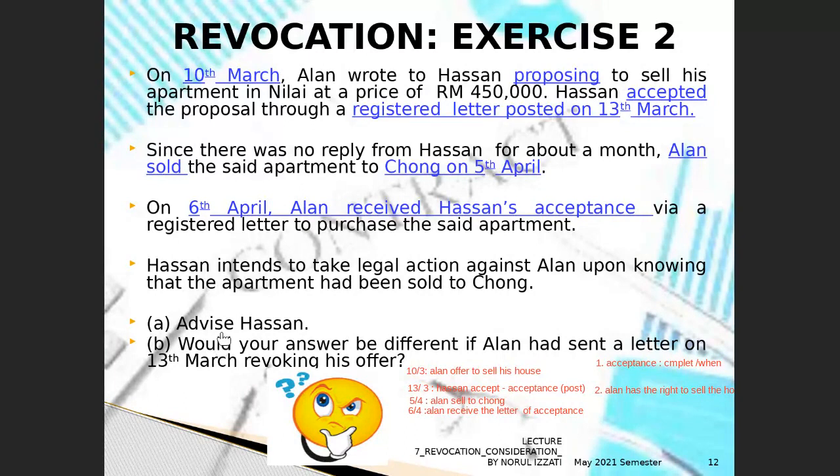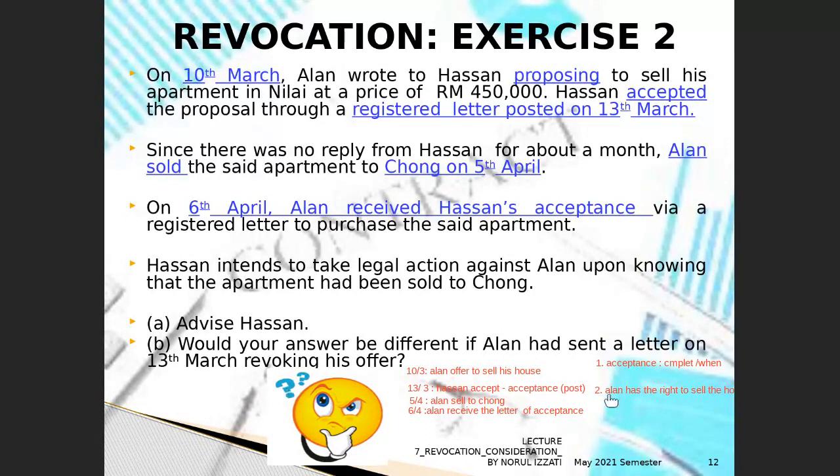If you need to advise Ellen, you also need to explain to Ellen that the communication of acceptance is already complete. The issue is similar, just giving the understanding to Ellen that acceptance is actually already done according to the postal rule, according to what statute, what clause in the Contract Act, which section you have referred to, and what the obligations are once the contract is formed.